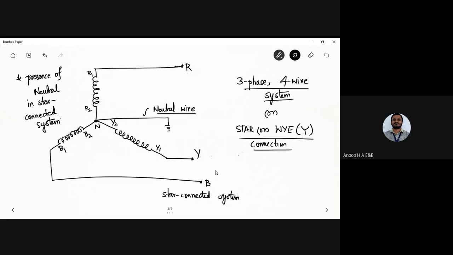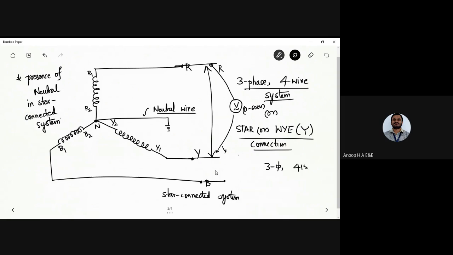Now, how do you represent a line voltage here? This is the R phase, this is the Y phase, and this is the B phase. If you measure the voltage across any two lines, I have an AC voltmeter. This voltmeter will have a range of 0 to 600 volts, because the three-phase voltage level will be 415 volts, with 10 to 15 amperes of current.